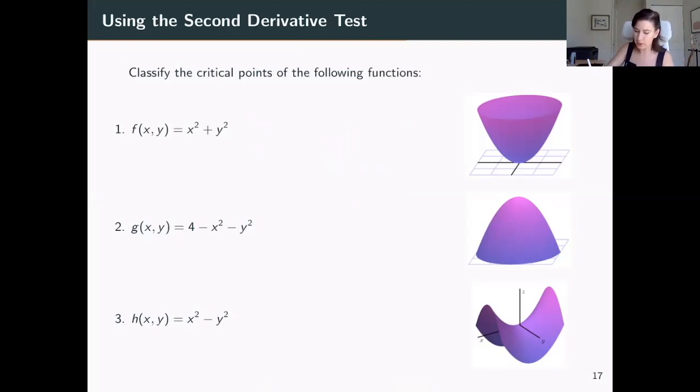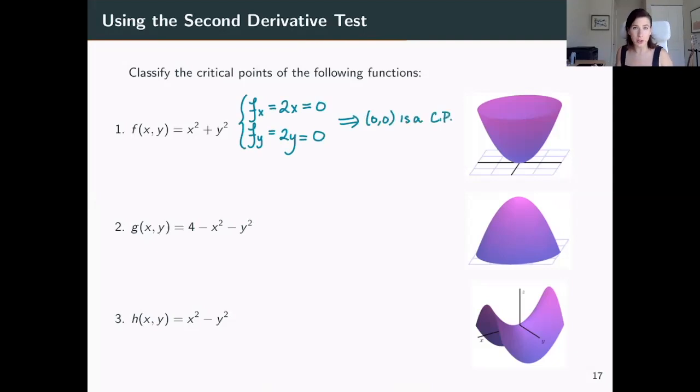So for this first function, we need to know what f sub x is and what f sub y is. Taking these partial derivatives, we get 2x and 2y. We want to know when these are equal to 0, and this gives us that the point (0, 0) is a critical point.